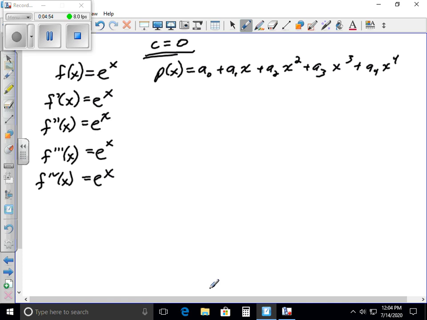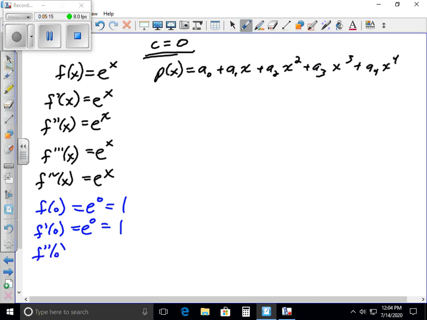If we are centered at 0, then when we plug a 0 into our function, we get 1. If we plug a 0 into our first derivative, since it's also e to the x, we get 1.